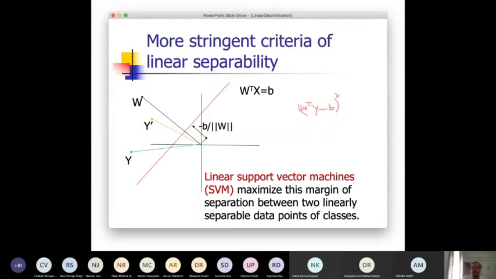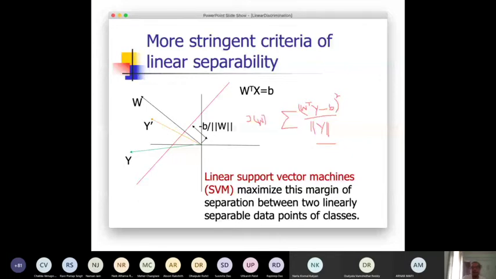Okay, this is the error, and they are normalized by the norm, otherwise it will be dominated by the long vectors. That means the y which are at a very far end will dominate. So you are normalizing this by the norm, and this is your error, which is to be minimized. And we have seen what should be the gradient.